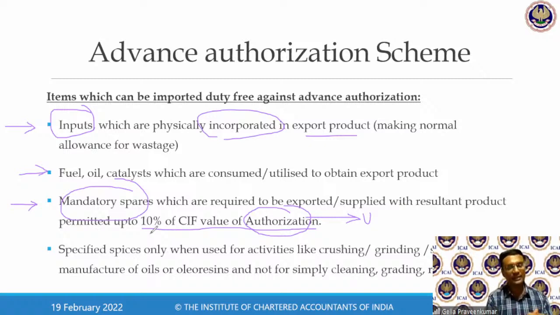In case of advance authorization, the mandatory spares along with the exported product are permitted to the extent of 10% of CAF value. Generally when I say exports, we think of FOB, but here the authority is not giving on the basis of your export value, it is giving on the basis of the CAF value of the goods which you are importing. So when I talk about import, CAF value should come into your mind. So in the case of mandatory spares, 10% is my ceiling.